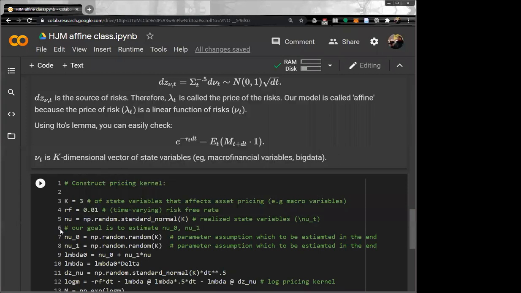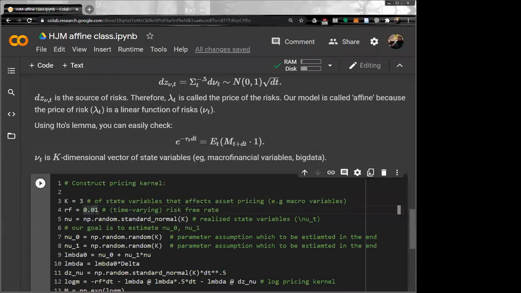And the risk-free rate is 1% per year, which seems a lot, so I reduce it to 0.1%. And then nu is a random standard normal variable, so I generate K, 3 variables.